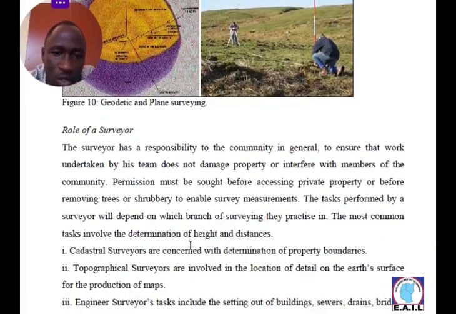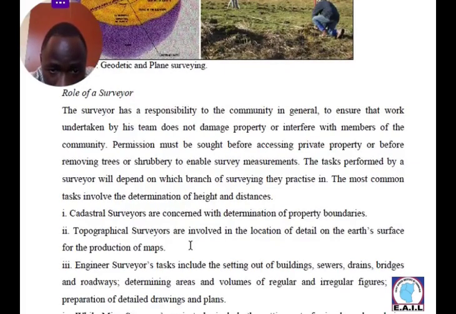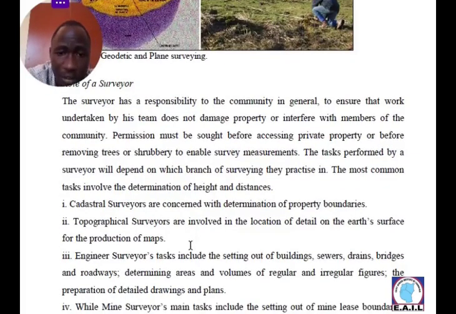Now they are showing the roles of a surveyor. These are the things we are going to be looking at. Cadastral surveyors are concerned with the determination of property boundaries, for instance land boundaries.